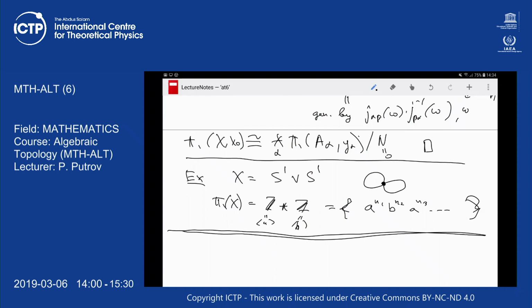Well, yes, you can define the structure of a category with wedge product, and then there will be a certain functor which respects the structure, a functor between the category of topological spaces and the groups, where the wedge product structure is the group category.